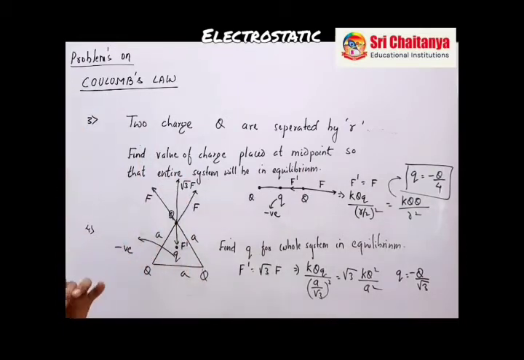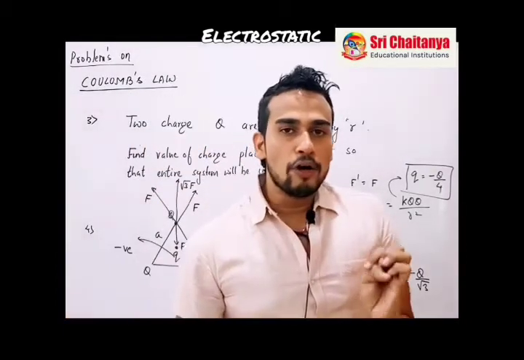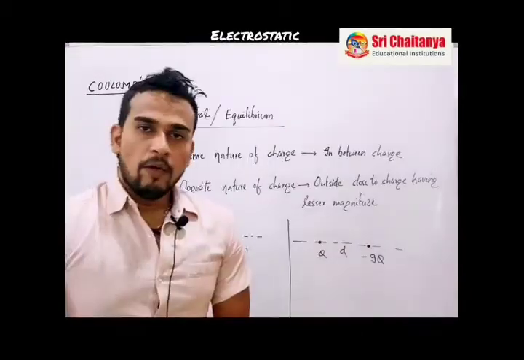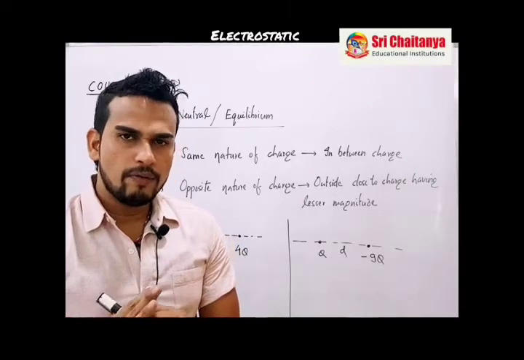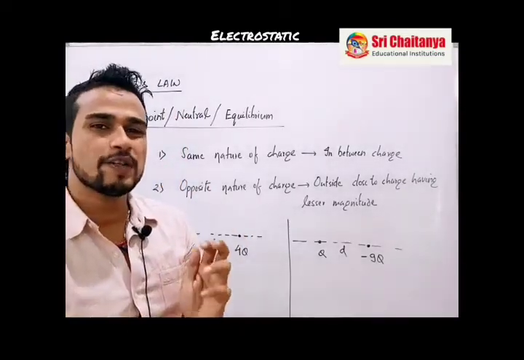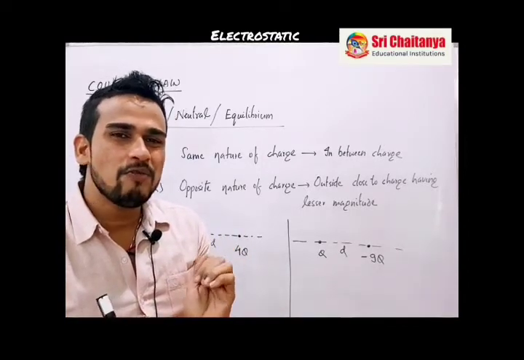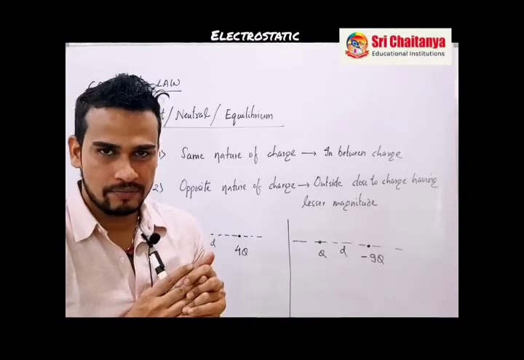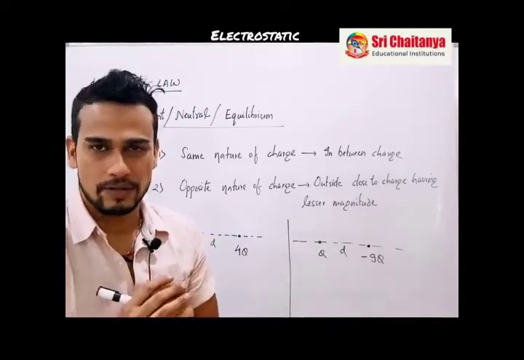So this is how we can talk about some questions based on Coulomb's law. Now we are going to talk about one more topic with the help of Coulomb's law. Sometimes questions are asked where they will give you two charges and ask where the null point will exist, where the neutral point will exist, where the point of equilibrium will exist.